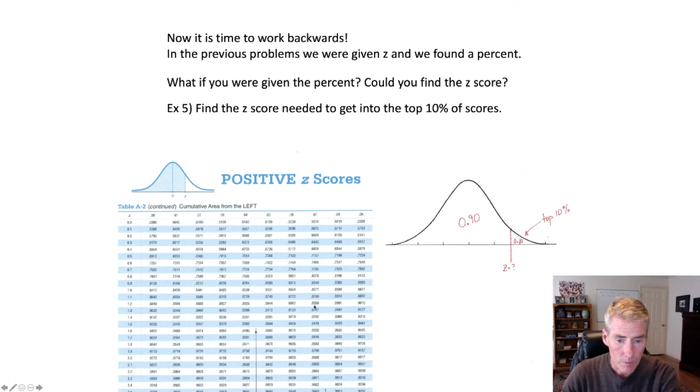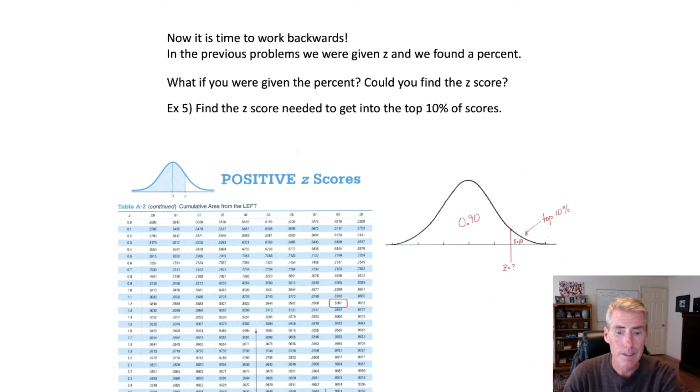So this one is 0.8980, but this one's even closer at 0.8997, and then this one is 90.15%, or 0.9015. Now, when you're trying to find whatever's closest, it doesn't have to go over or under, just whatever's the closest.